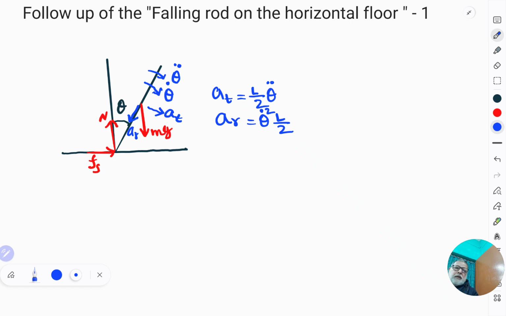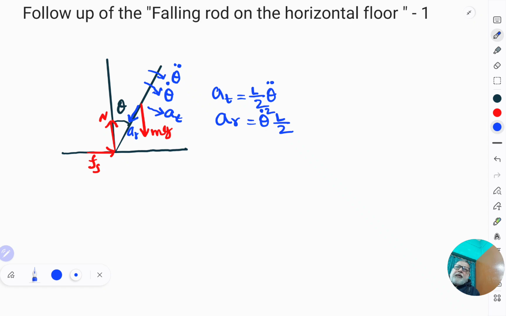Now, in our earlier discussions of basic mechanics, we said that a force of static friction comes into play when there is an external force trying to give the system a tendency to slip, and the static force of friction comes into play to oppose that tendency.